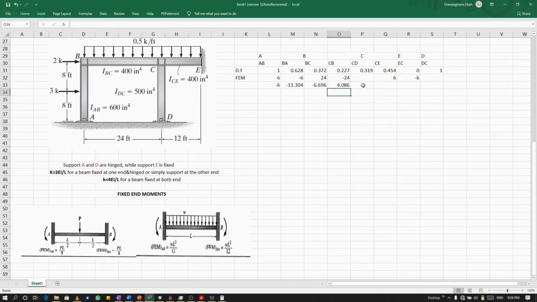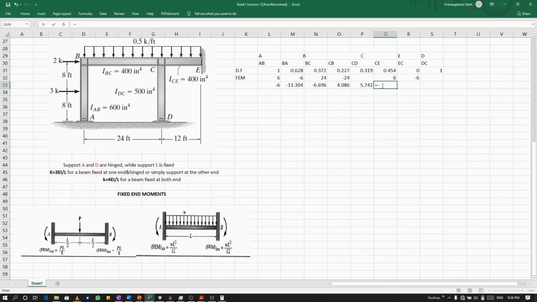So this is going to give us what we have there. We're going to do the same thing here. This plus this times the factor we have here.